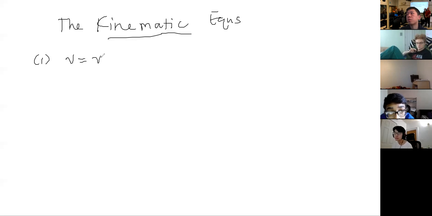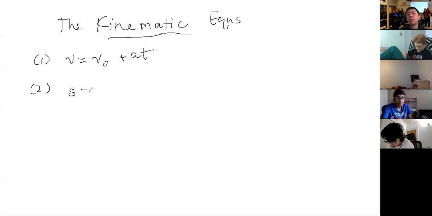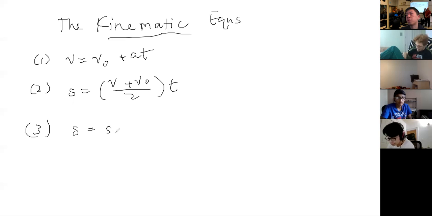So v is equal to v0 plus at. The second one, s is equal to v plus v0 over 2 times t. The third is s is equal to s0, or I'm just going to use x, actually. So x is equal to x0 plus, no, delta x.